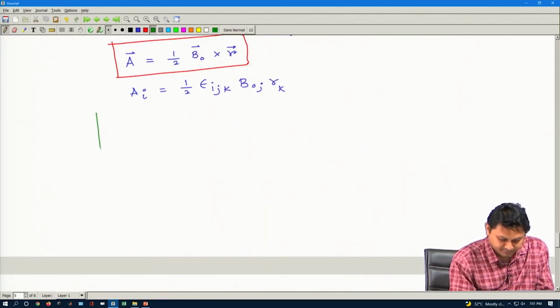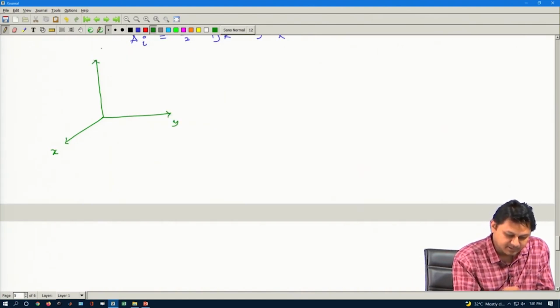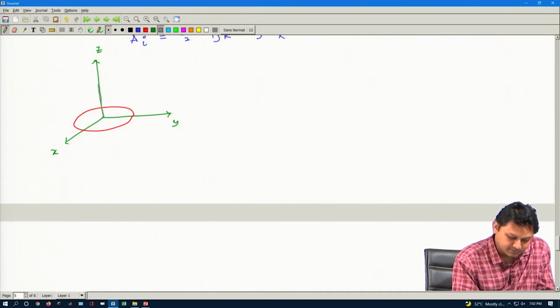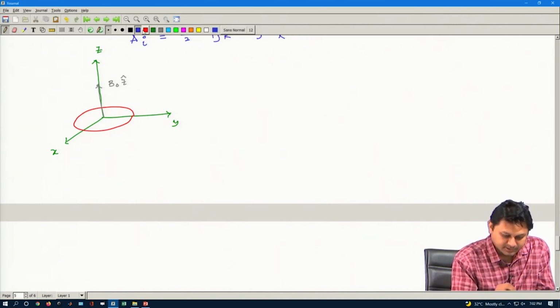I have the coordinate system like this: this is x, this is y, and this is z, and if I make a circle here, my B is along this direction, which is B0 z unit vector. R is this one.